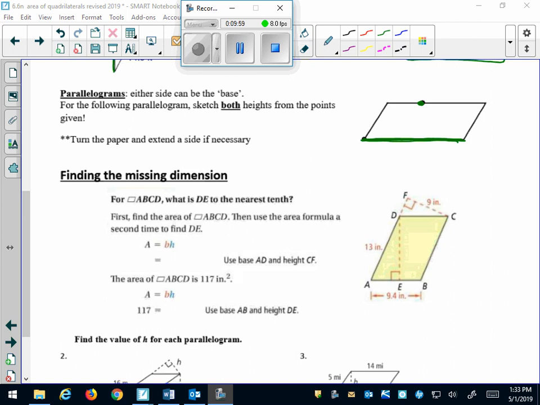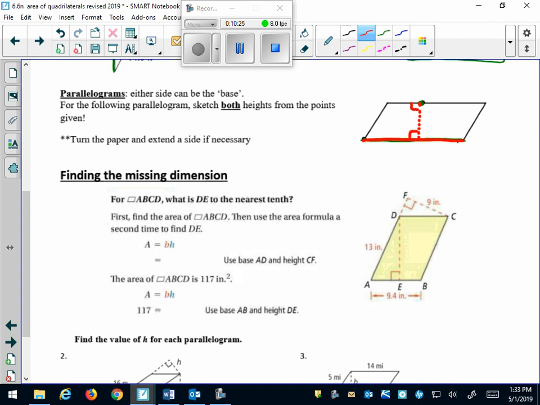So you should just draw straight down like that, perpendicular. It's perpendicular to both bases actually, right? If it's perpendicular to one, it's got to be perpendicular to the other one if the bases are parallel. Okay, so that's one of the combinations of base and height for this particular parallelogram. We've got this base and that red height.